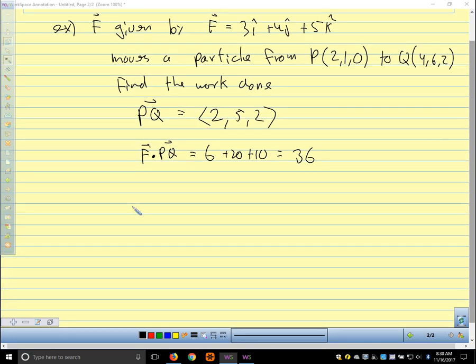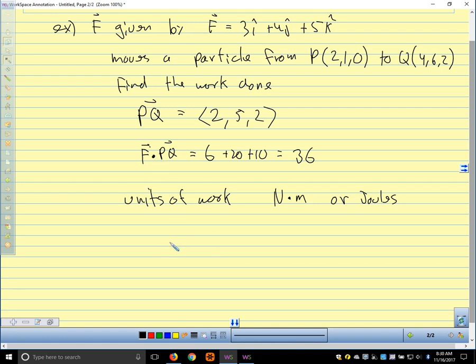Our units of work in international units are Newton meters or joules. And we say Newton meters because our force is in newtons, our distance is in meters, so Newton times a meter. Well, the dot product incorporates that.